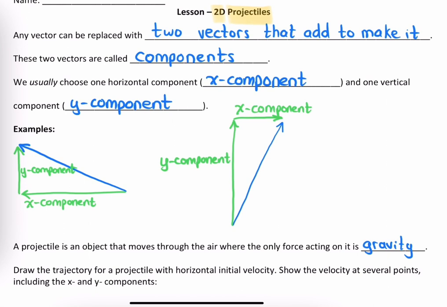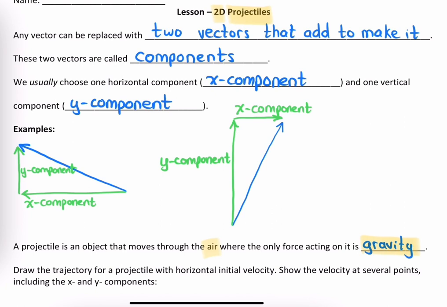Any time you've solved a problem where an object has been dropped and has fallen to the ground, or an object has been thrown straight up in the air and come back down, those are projectiles. As soon as they leave your hand and before they hit the ground, they are moving through the air, and the only force acting on them is gravity. That's what makes a projectile.